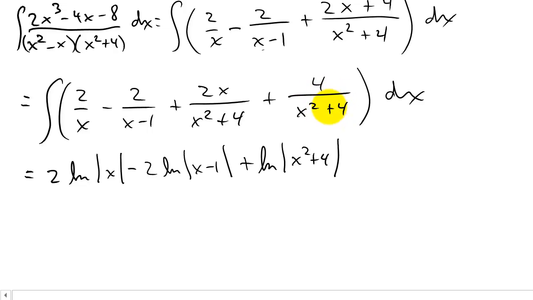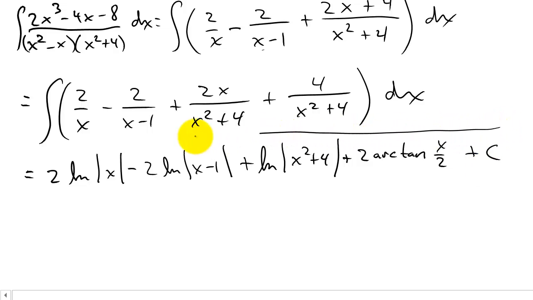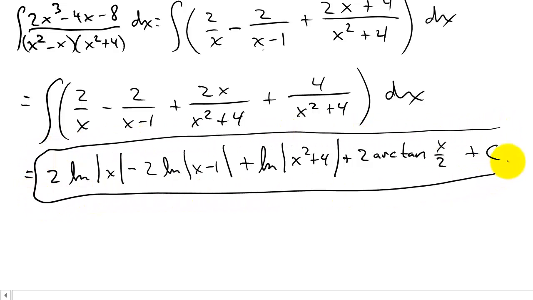And then this one, you can go back and look at your properties, but this one is going to be plus 2 times the arctangent of x over 2, and then all that is plus C. And so this would be our final answer.